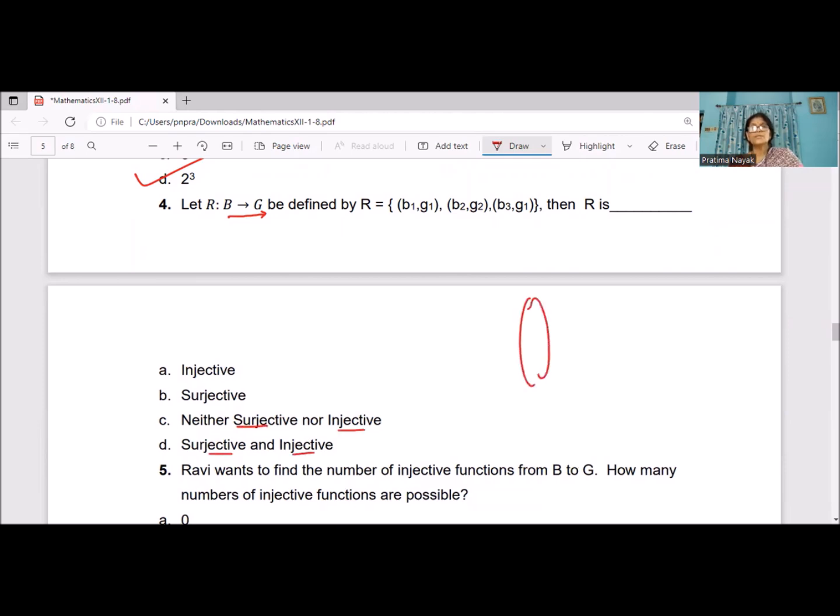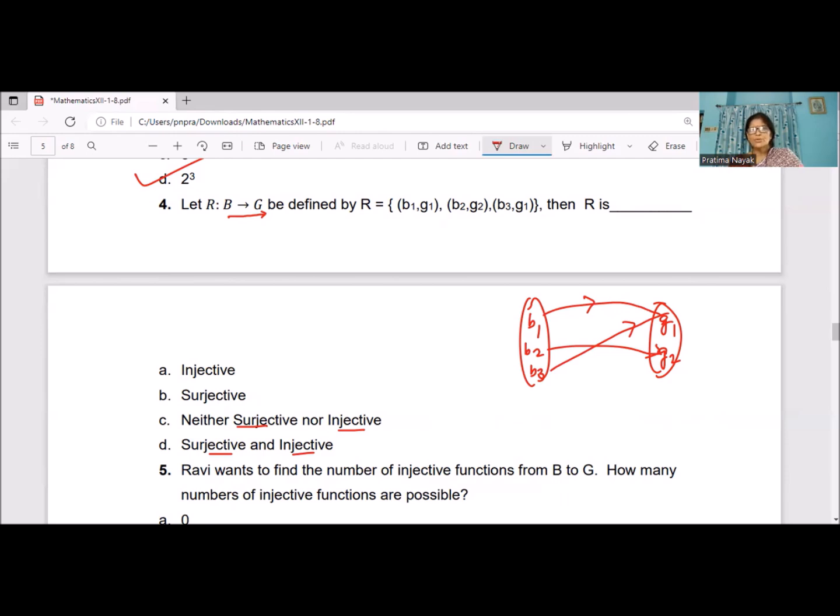Let me draw a figure. Here B1, B2 and B3, and here G1 and G2. So B1 is mapped to G1, B2 to G2, and B3 again to G1. So this is a many-one function.